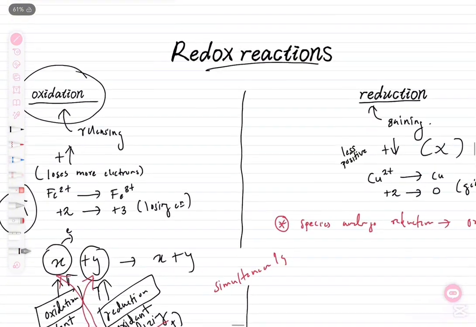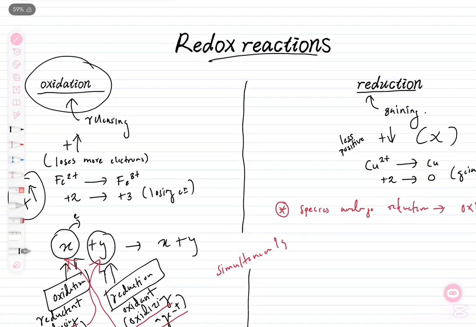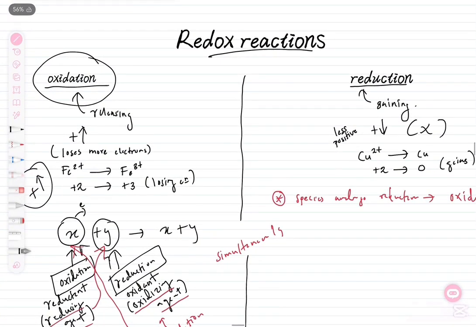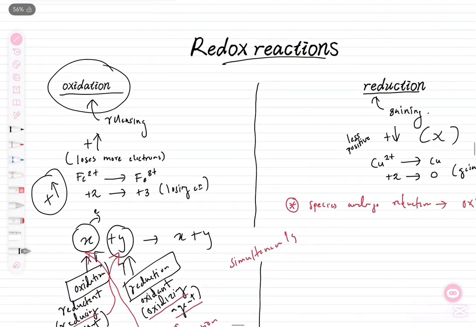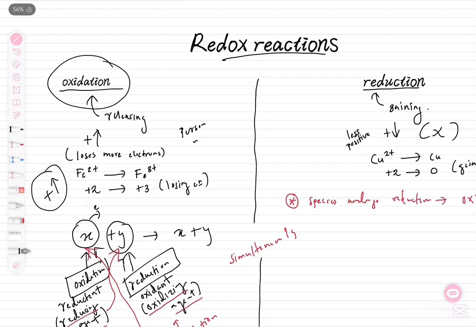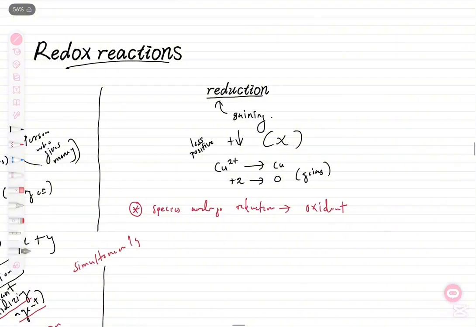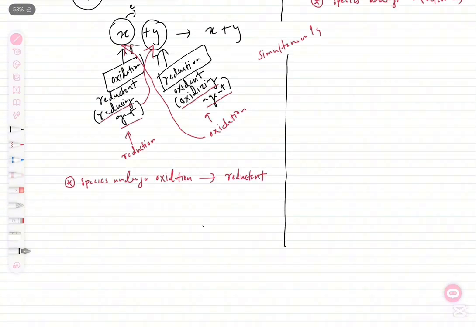Once again, let me repeat this. Oxidation will lose electrons and make the other species gain electrons, and reduction will gain electrons and make the other species lose electrons. It's like the person who gives money is oxidation, and the person who takes money is reduction.